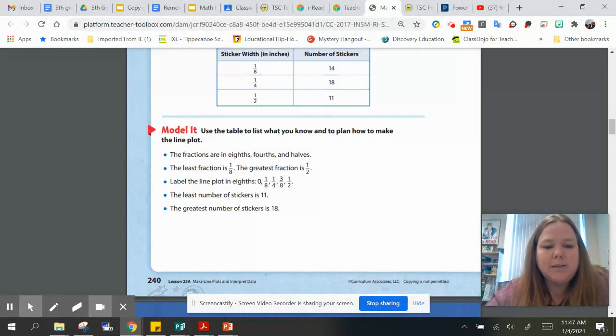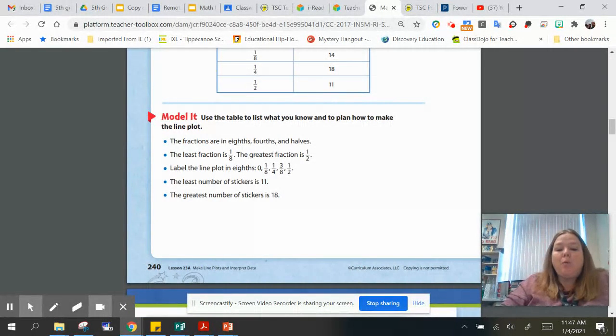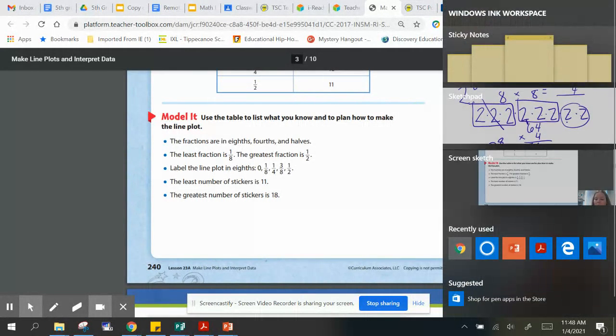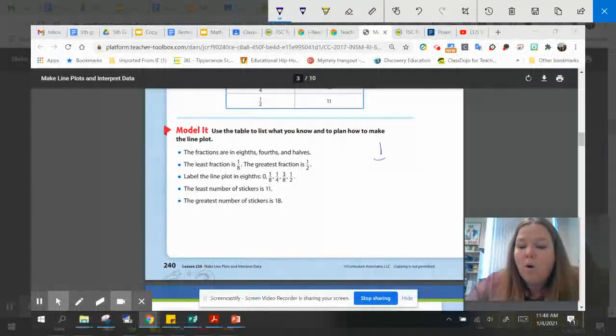So let's model it. It says use the table to list what you know and plan how to make the line plot. So these are the things that it's telling you to remember. The fractions are in eighths, fourths, and halves. The least fraction is 1/8. The greatest fraction is 1/2. So we're going to put it into eighths. Label the line plot in eighths. 0, 1/8, 1/4, which is equivalent to 2/8, 3/8 and 1/2.